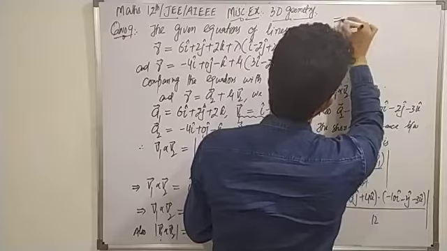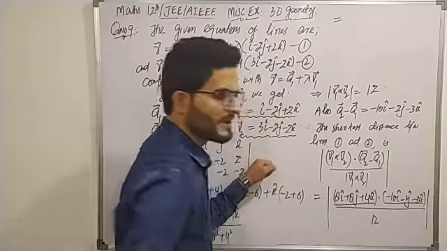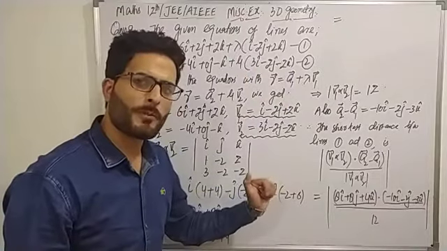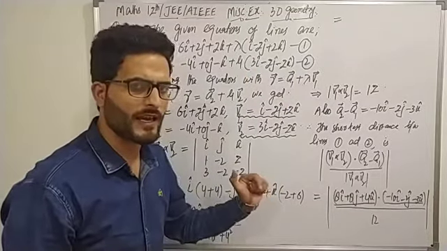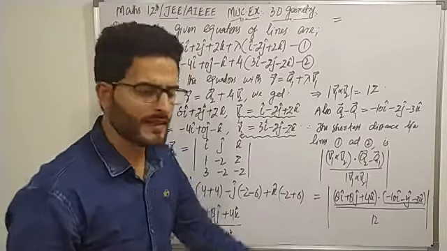the dot product of two vectors when they are expressed in terms of components is equal to the sum of products of the corresponding scalar components.